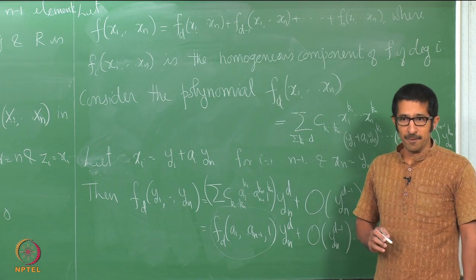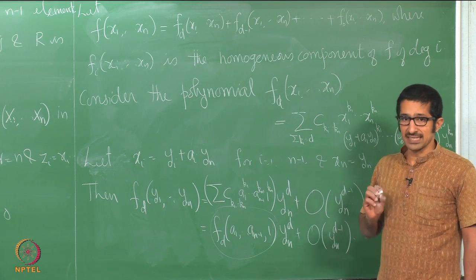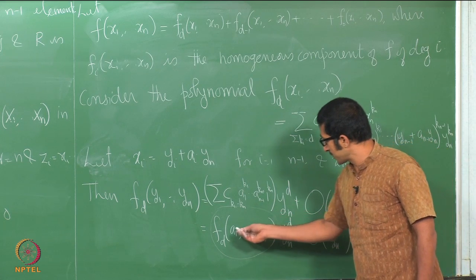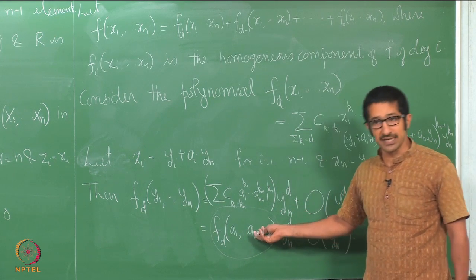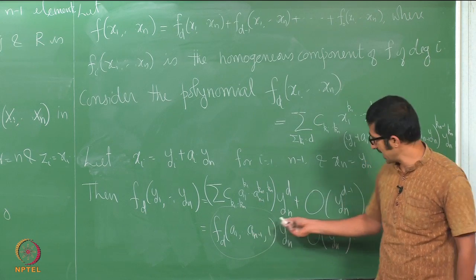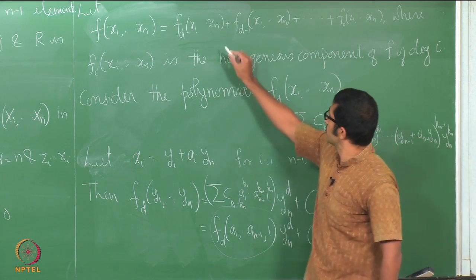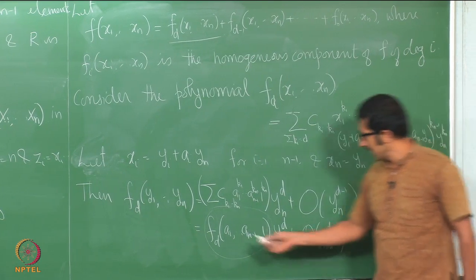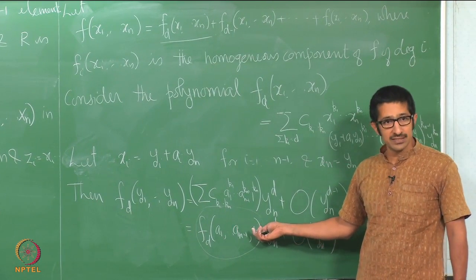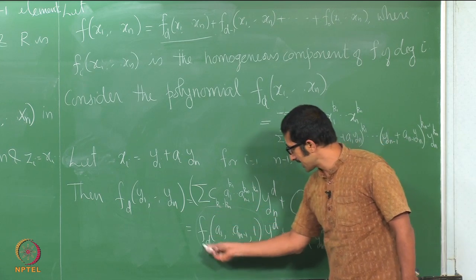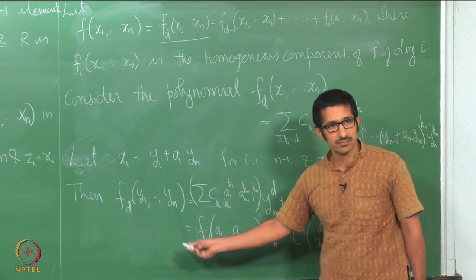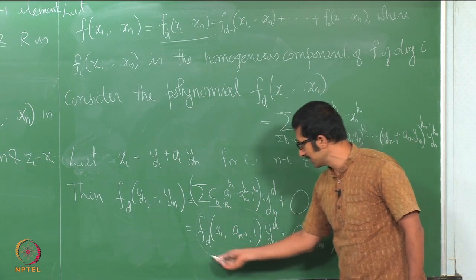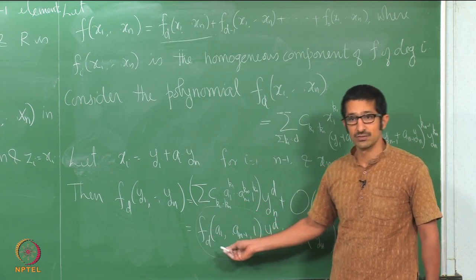But now what is it that I need to say here? See, given this homogeneous polynomial, if I can always choose a1 up to a_{n-1} so that this becomes non-zero, there exists a1 up to a_{n-1} so that this is non-zero.